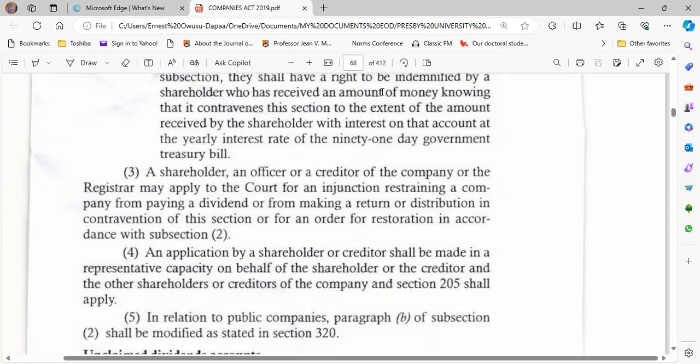The company has already paid dividends illegally. You can also go to court and ask the court to order the defaulting directors or shareholders, as it were, to make restoration of the illegal dividends paid back to the company.